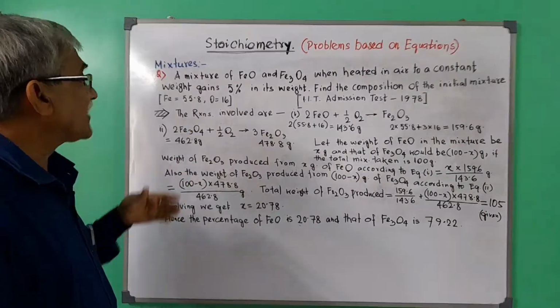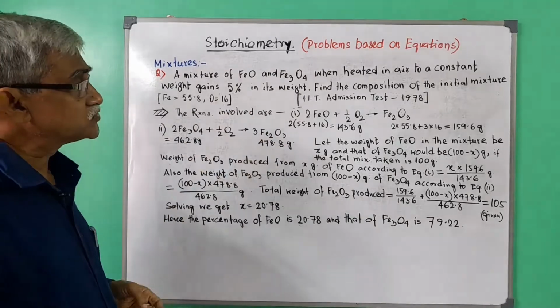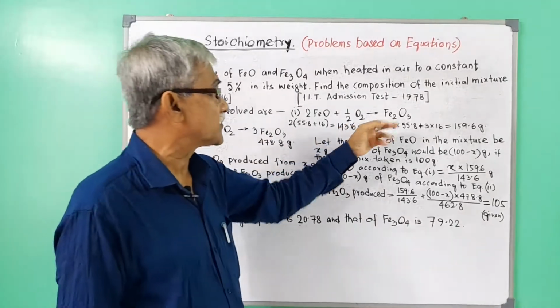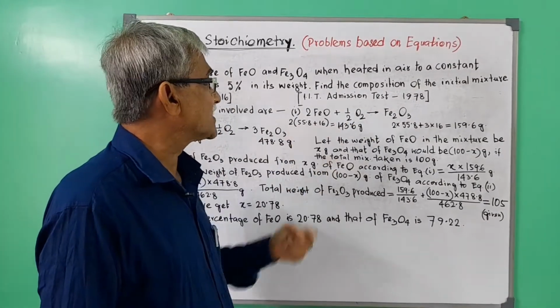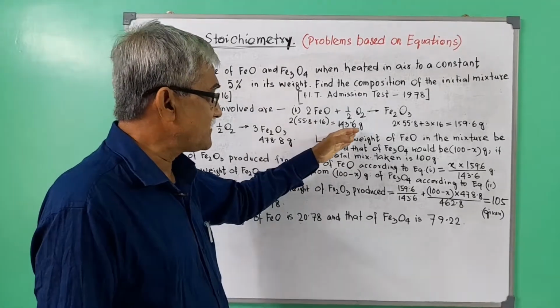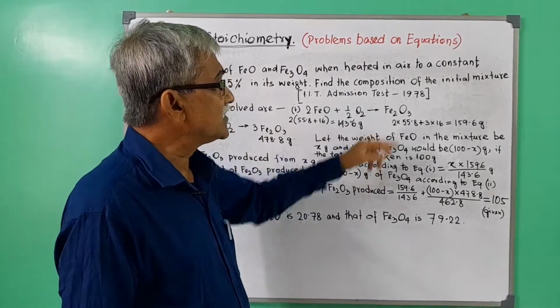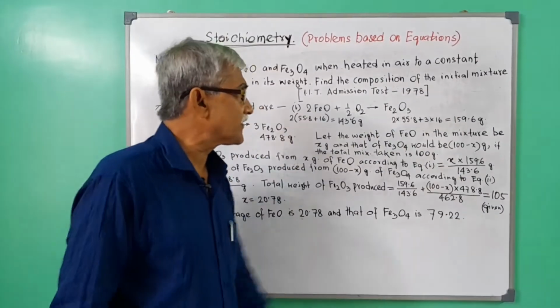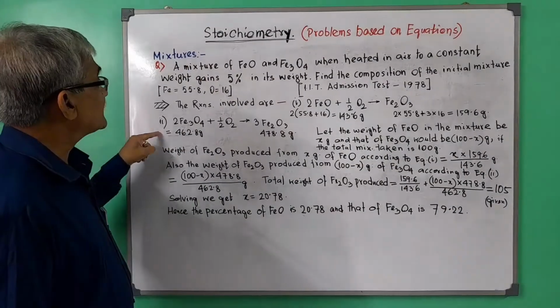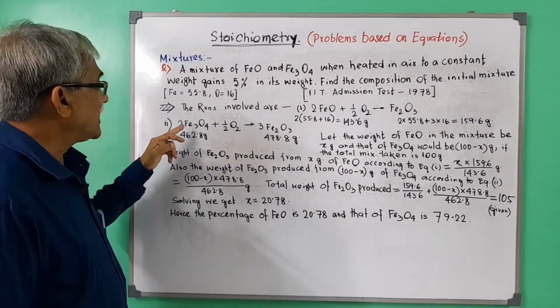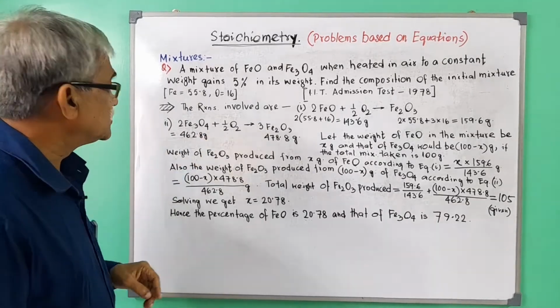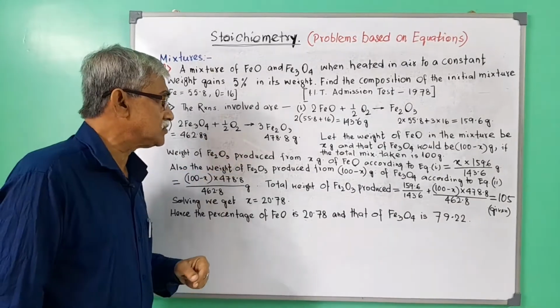Now, the balanced reactions are: first, 2FeO plus half O2 gives Fe2O3. You just add it, it is 143.6 grams, and here it is 159.6 grams. And the second reaction is 2Fe3O4 plus half O2 turns into 3Fe2O3.